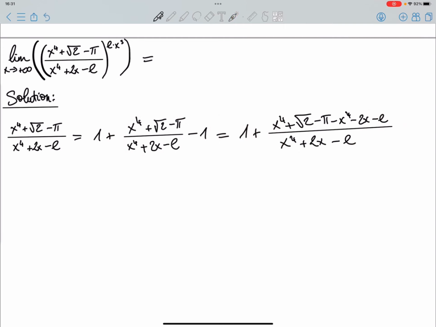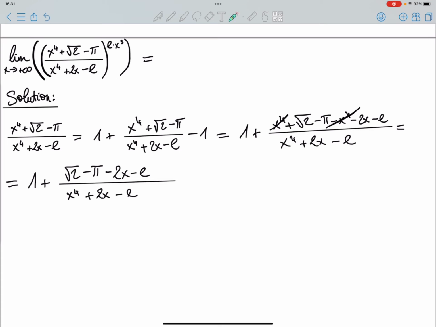Now here x to the power 4 and x to the power 4 cancel out, so this is equal to 1 plus a fraction, with square root of 2 minus pi minus 2x minus e on the numerator, and x to the power 4 plus 2x minus e on the denominator.